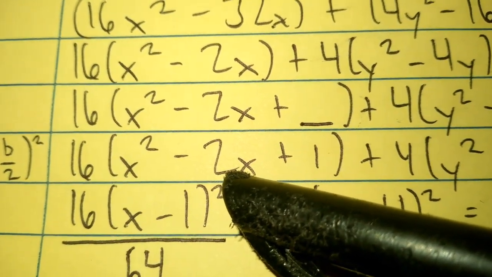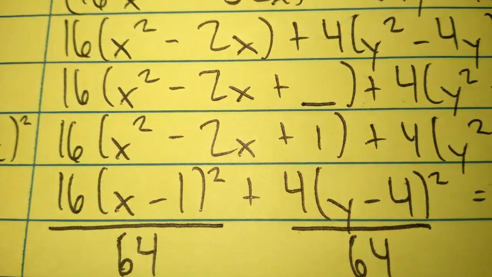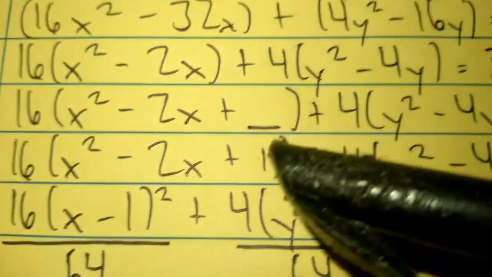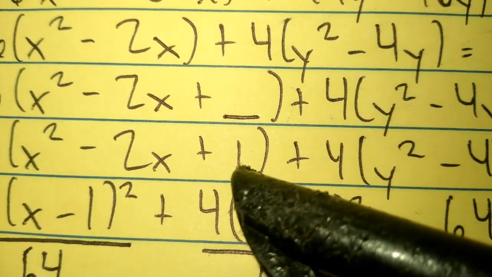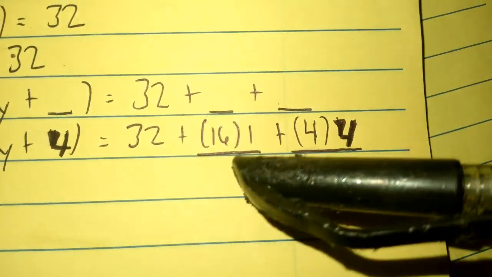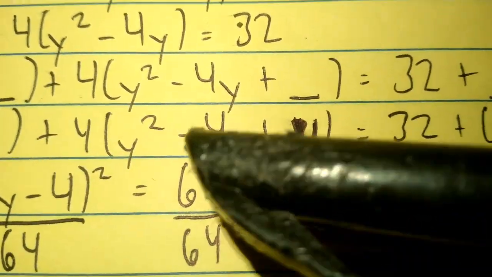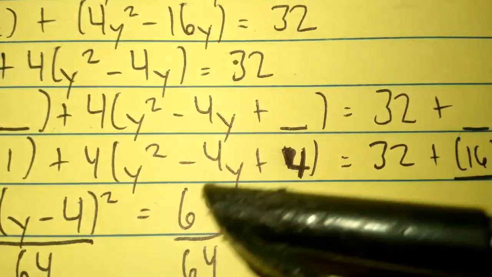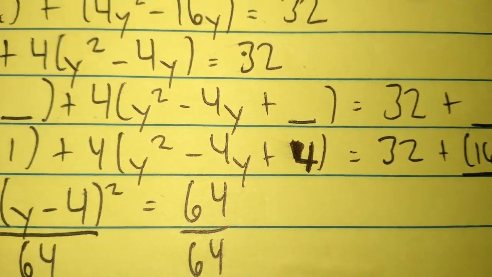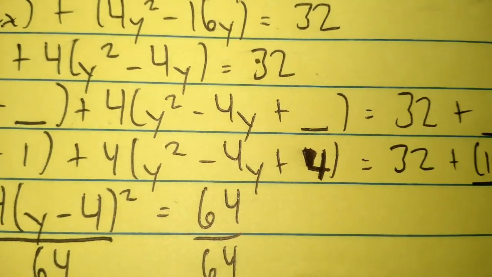Negative 2 divided by 2 is negative 1. Then negative 1 squared is positive 1. We're going to add positive 1 here and positive 1 here. So for the other one, negative 4y divided by 2 is negative 2. 2 squared is 4. We're gonna add 4.